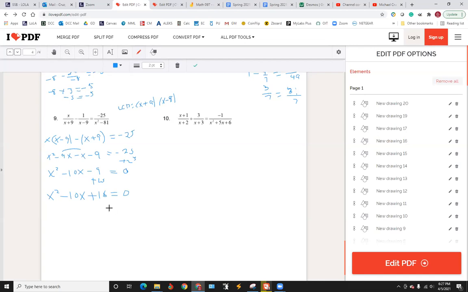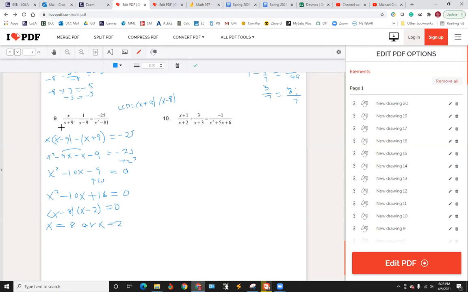All right. So this just ends up factoring as x minus 8, x minus 2. Because 8 times 2 is 16. 8 and 2 negative is negative 10. All right, so you can see up here, the only things that are going to make this undefined are 9 or -9.